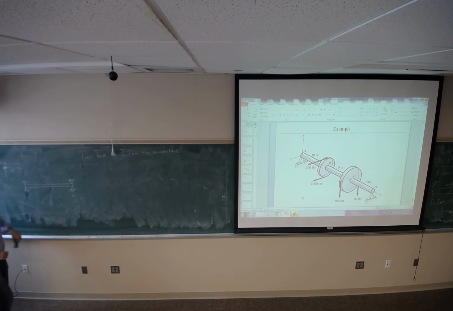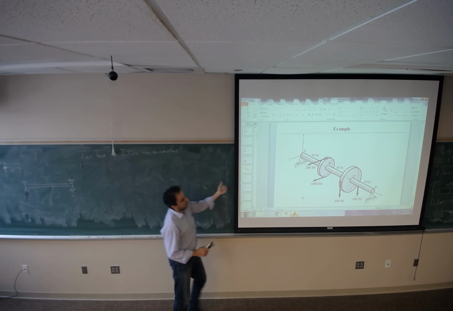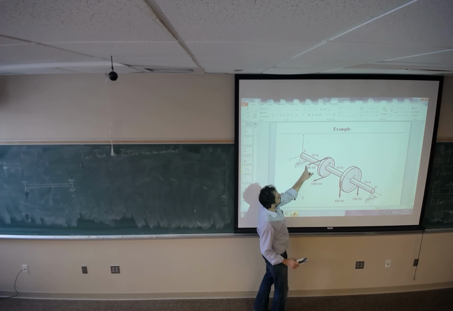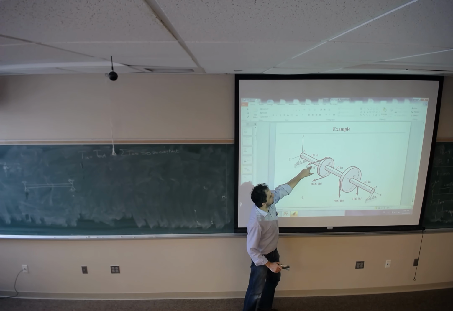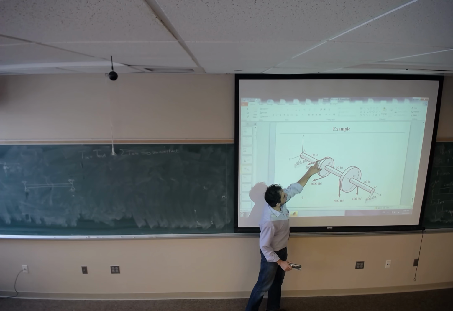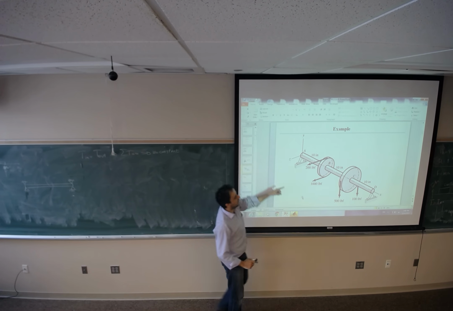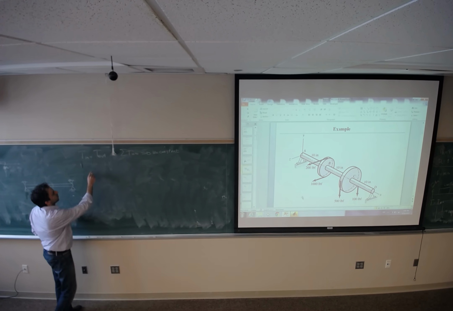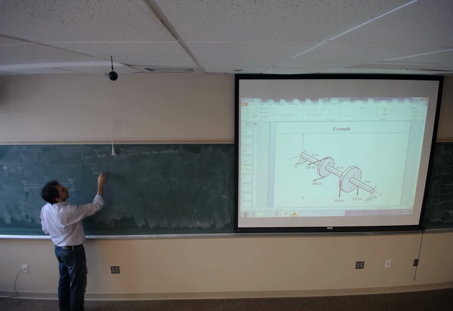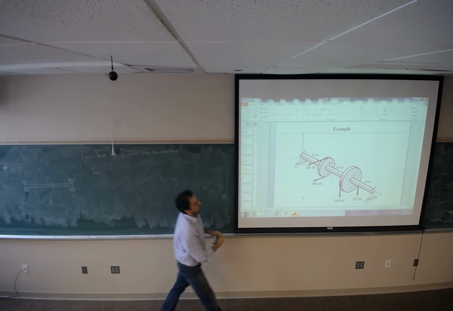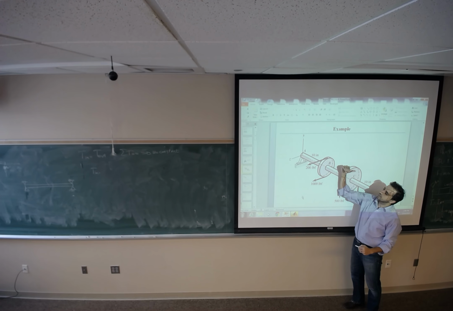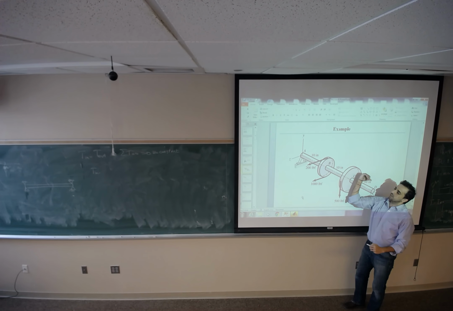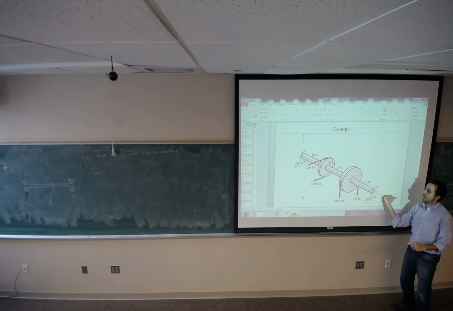Now I can check this for you. This 200 times the radius is making torque that is going to rotate the shaft. For T input, put your finger in the direction of the force; force times distance is making torque in the X direction.